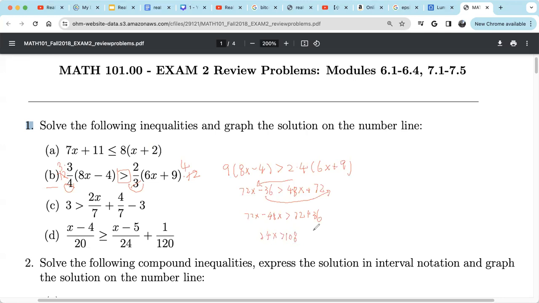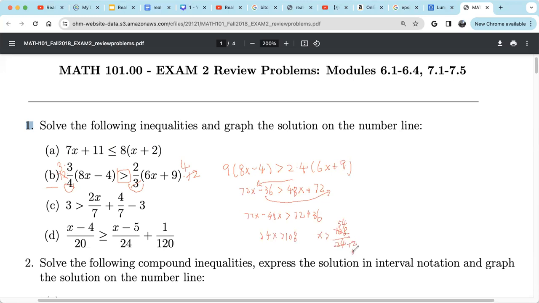So we divide by 24 on both sides. So x greater than 108 divided by 24. Right? If we cannot divide in one shot, what do we do? We simplify with 2. So let's see, 2 is a common factor. We divide 108 by 2, we get 54. We divide 24 by 2, we get 12.